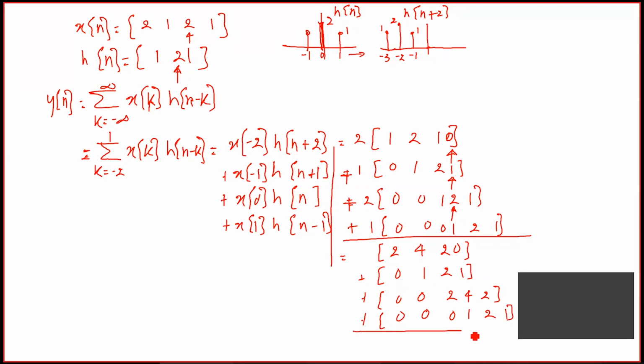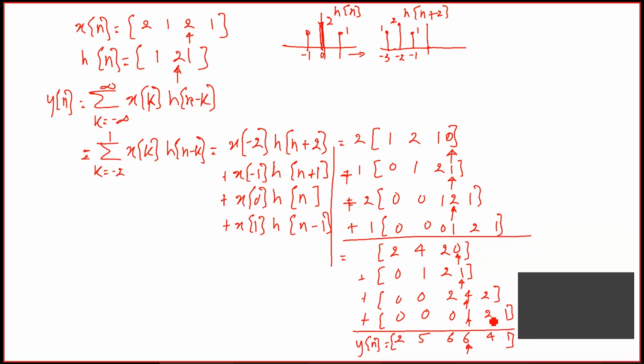And if we add all of them up, let's hope we get the right answer here. So this is 2, this is 5, this is 6, this is again 6, this is 4, and this is 1, and our arrowhead is basically here at 0, at this point. So this is your y of n.